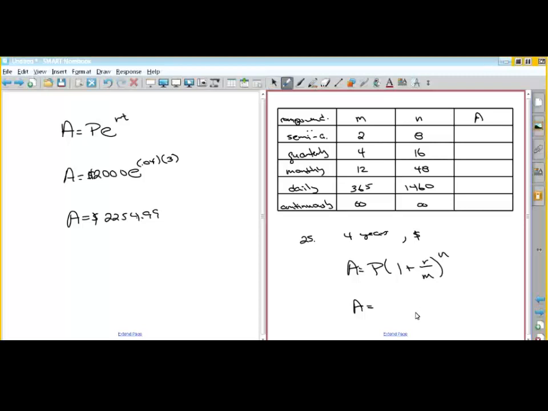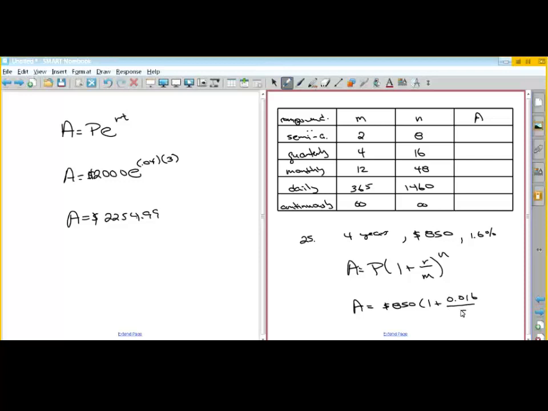Okay, so let's go back here. Where was I? Oh yeah, the principal was $850. So P is $850 times 1 plus the rate. What is the rate? 1.6%, so that's 0.016.